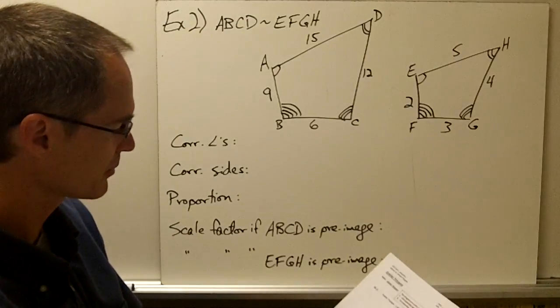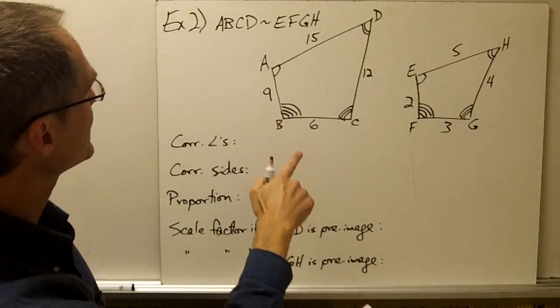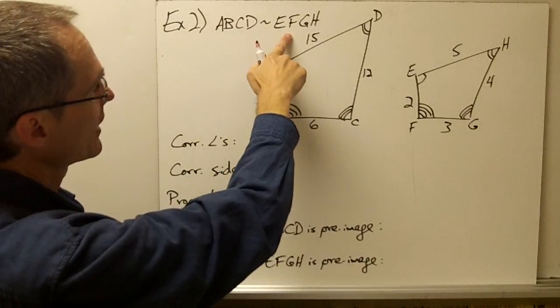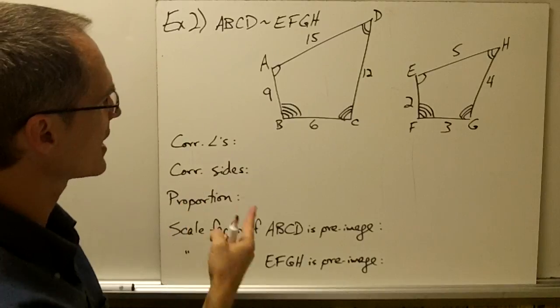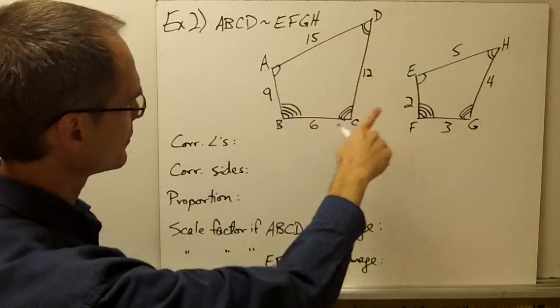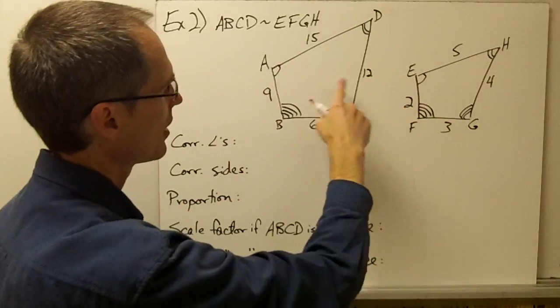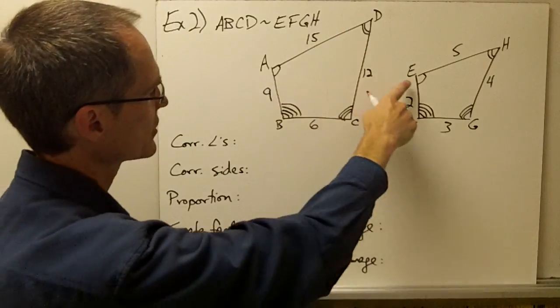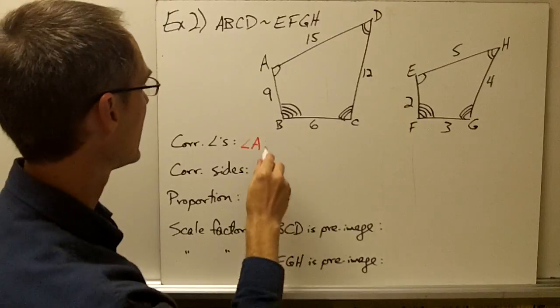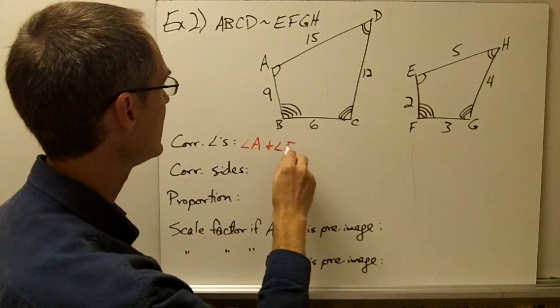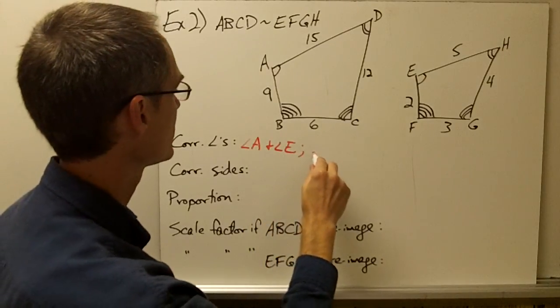So I've got example number 2. Quadrilateral ABCD is similar to quadrilateral EFGH. I want to name the corresponding angles and corresponding sides just like I did before. All right, well, the angles shouldn't be too hard. Both of these already have the same orientation, so I just need to match up my congruent angles. So angle A and angle E are corresponding angles.